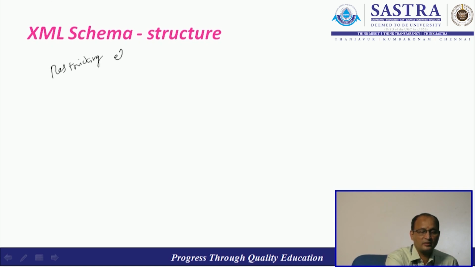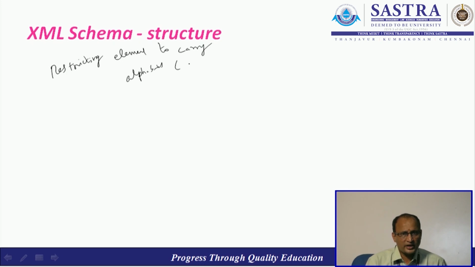Restricting an element to carry alphabets all in lowercase or uppercase, and also I want to specify minimum length, maximum length, and some of the symbols should not be allowed. In the sense, these are restrictions.